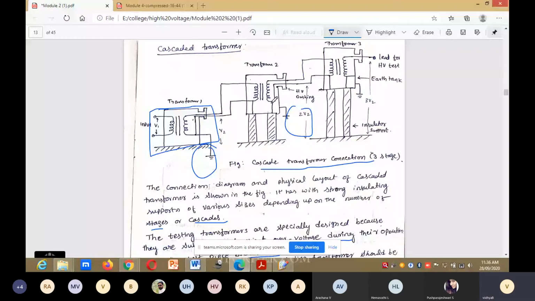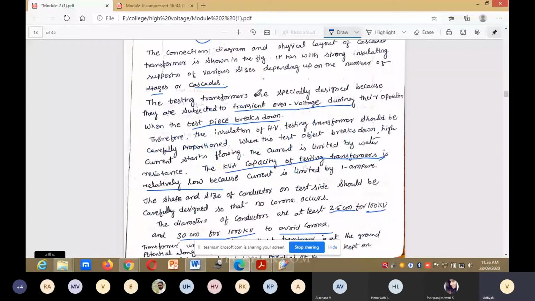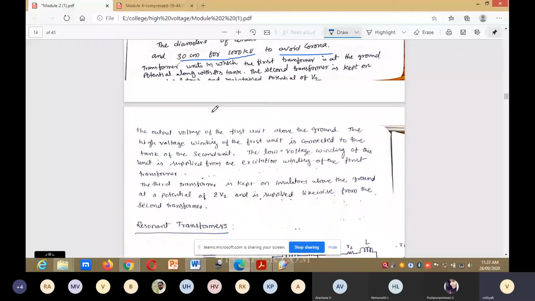The output voltage of the first unit is above the ground. The high voltage winding of the first unit is connected to the tank of the second unit.